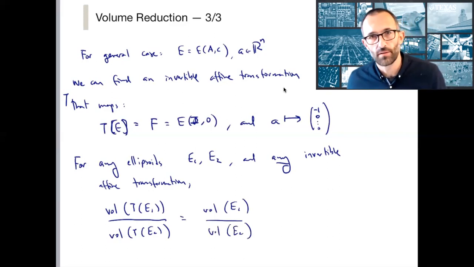So multiplying by an invertible transformation does not preserve volume, but it does preserve ratios of volumes.